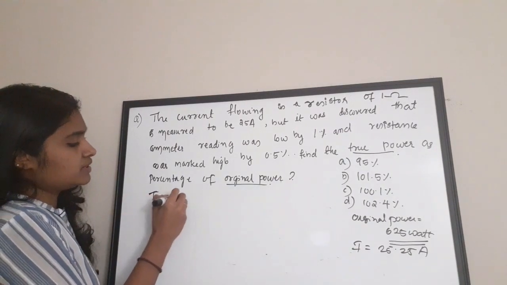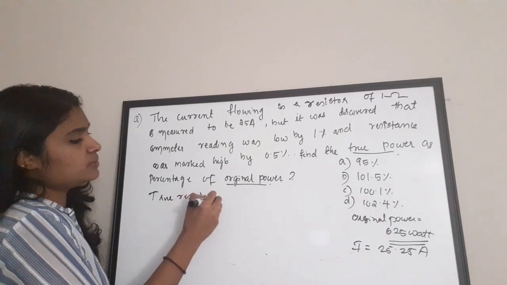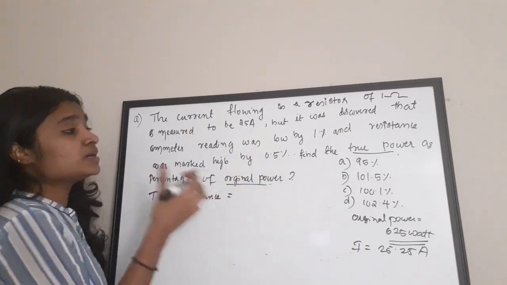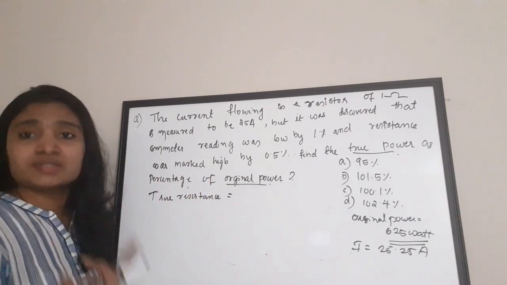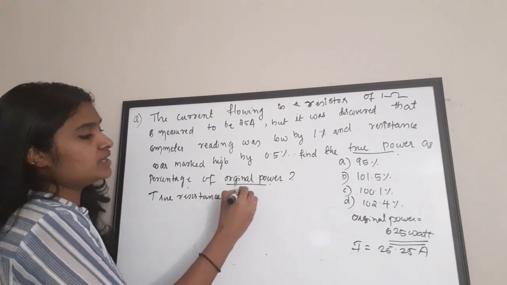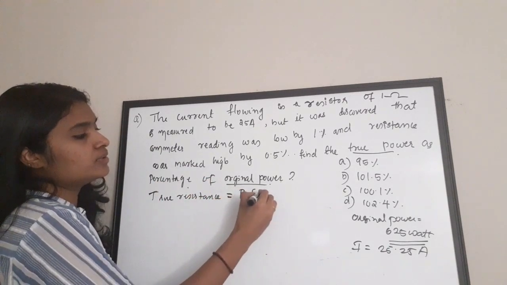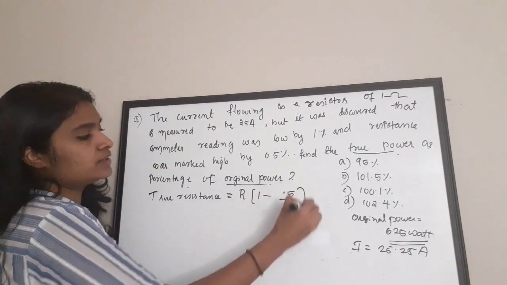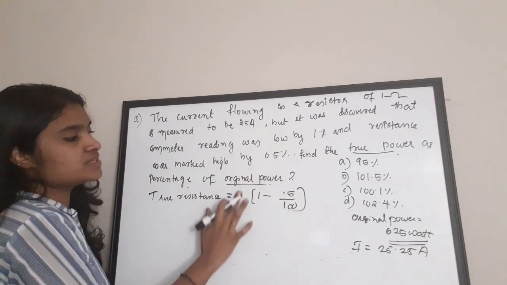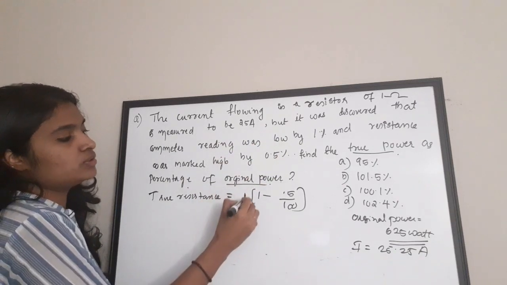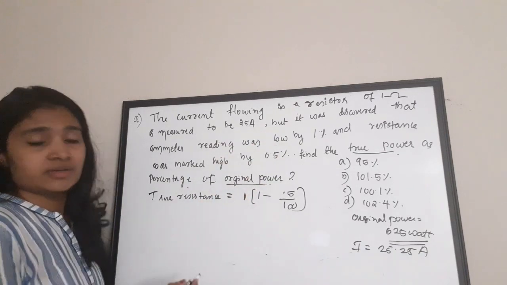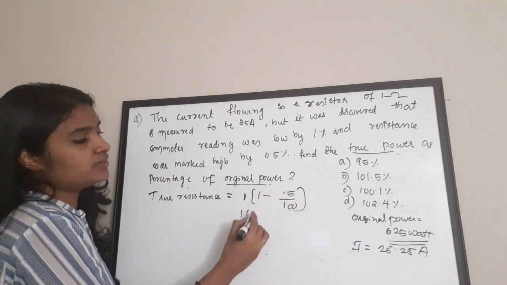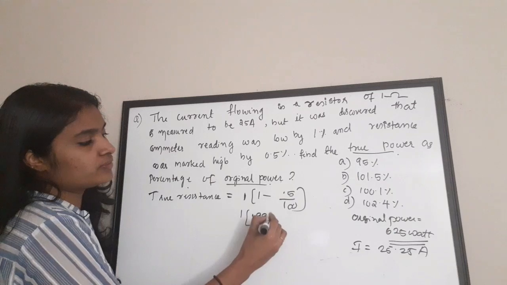Now what is the true value of resistance? True resistance will be actually a little less, because the resistance was marked high by 0.5%. So it will be R into 1 minus 0.5 by 100. The value of R is given as 1 ohm, so 1 into 1 minus 0.5 by 100 is 0.995.